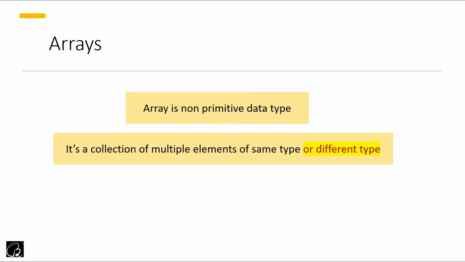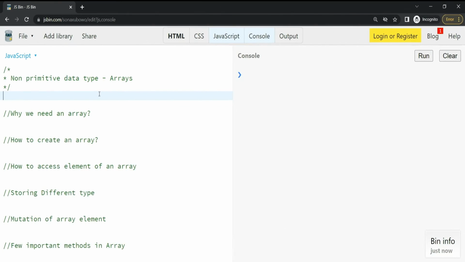So now let's see how we can create an array and let's play with it. So let's see things in action. So again I'm back to JS Bin. We'll be talking about one of the non-primitive data types that we have, which is array. First we'll understand why we need an array. Then we'll see how to create an array, what are the ways we can create an array in JavaScript.